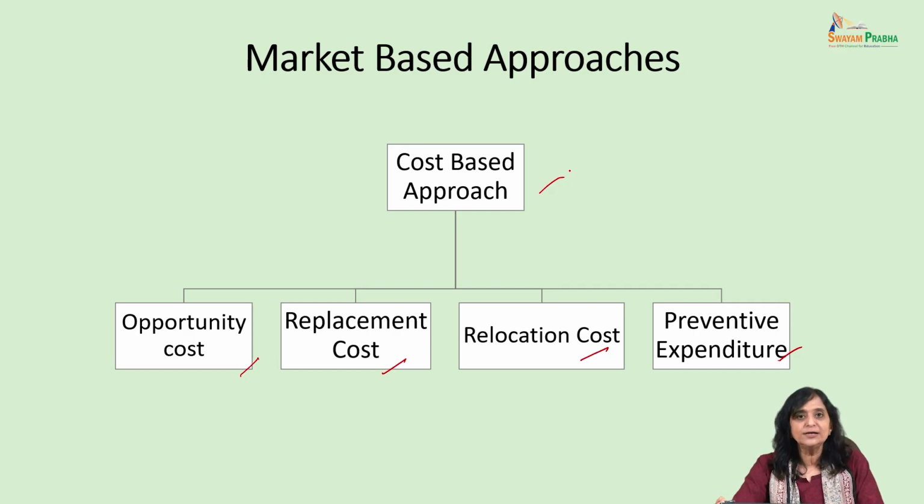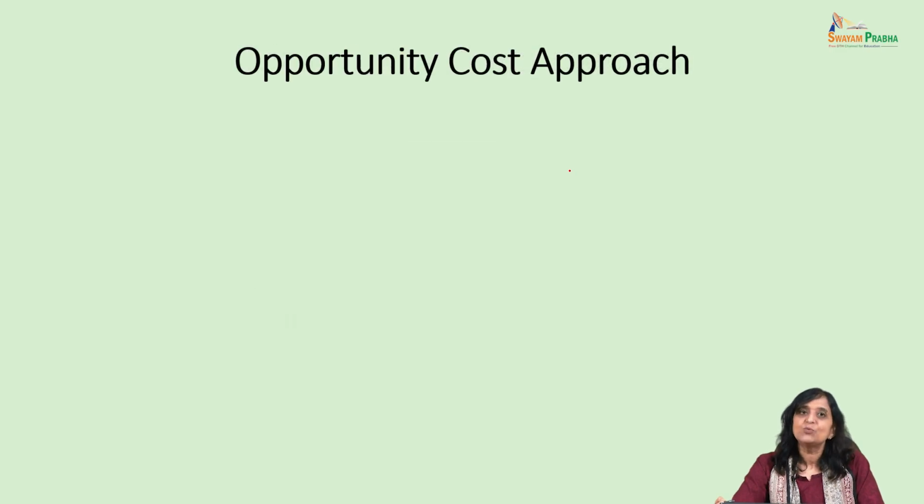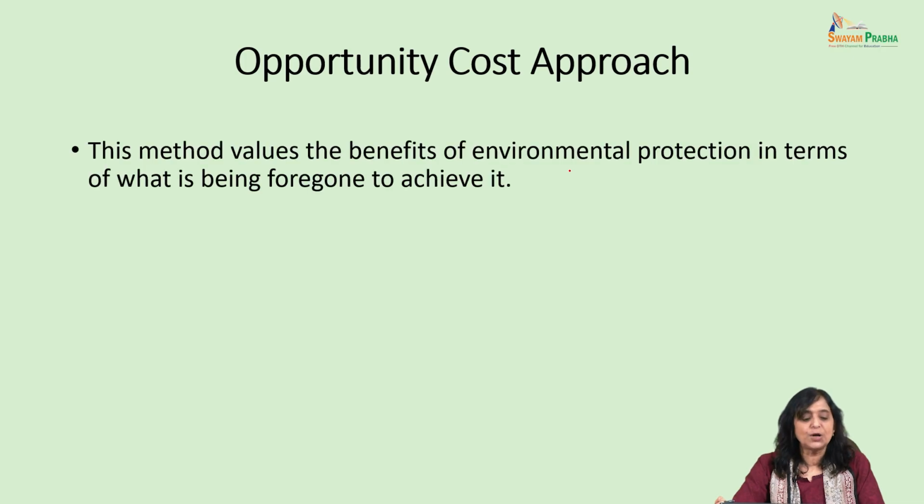And I'm sure, learners, these terms may seem a little familiar, particularly opportunity cost. Just give a thought to when you studied opportunity cost and what it means. What is opportunity cost? Let me start. Opportunity cost is basically a method which values the benefits of environmental protection in terms of what is being foregone to achieve it.